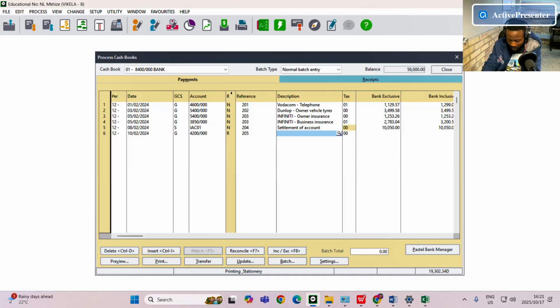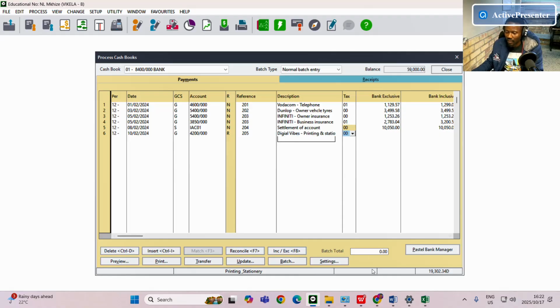I need to write the name of the payee first, which is digital vibes. Then I'll just say printing and stationery. Let me just use the symbol instead.